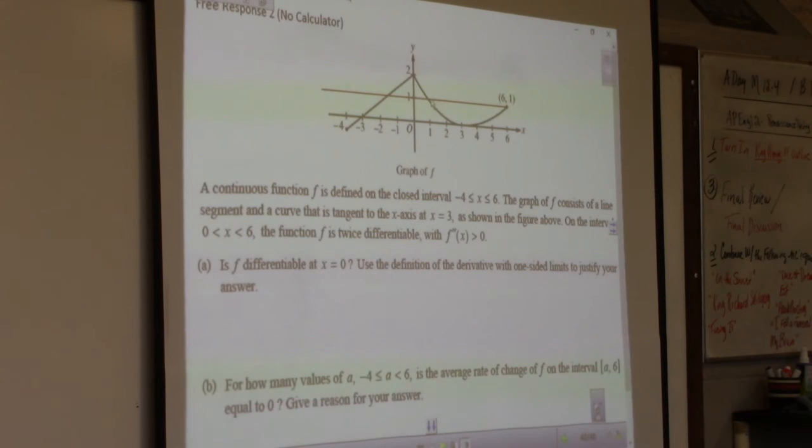So if I found the average rate of change between here and there, what would my average rate of change be? 0. If I found it between here and there, it would be 0. So that's all you're looking for. So how many values of A would the average rate of change be 0? 2. What's the reason for your answer? Well, there are 2 places where the y value would be equal to the y value at x equals 6, giving us an average rate of change of 0. That would be enough for your justification.